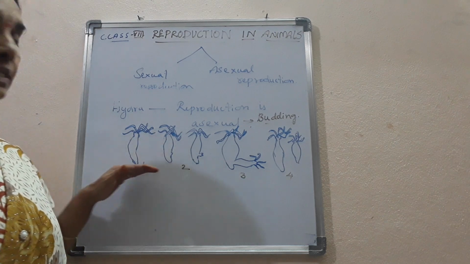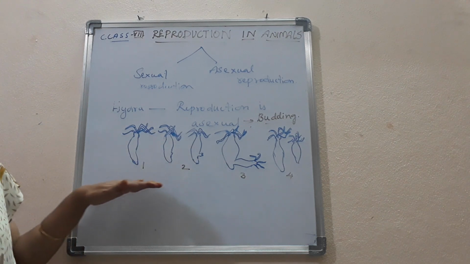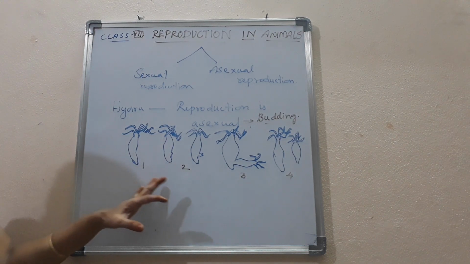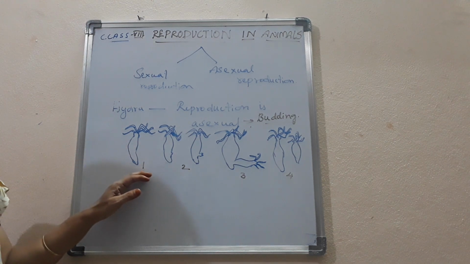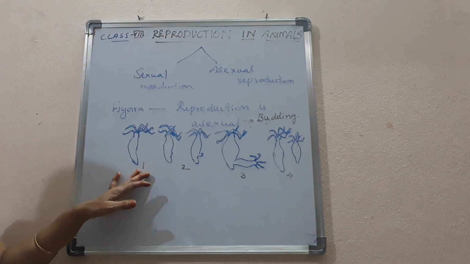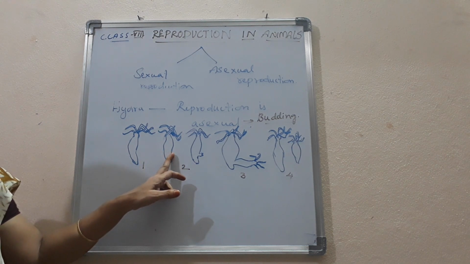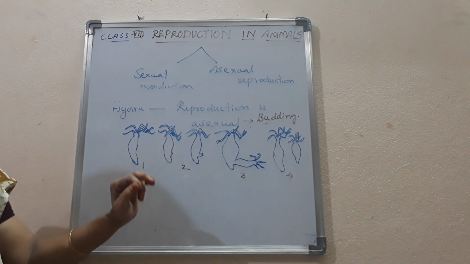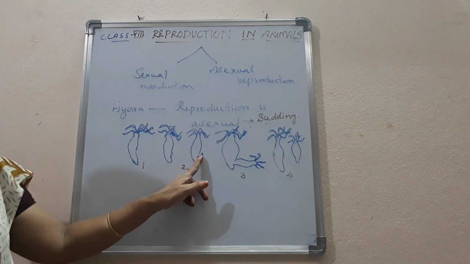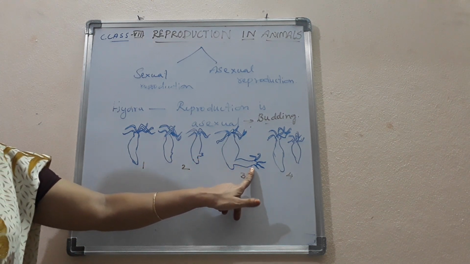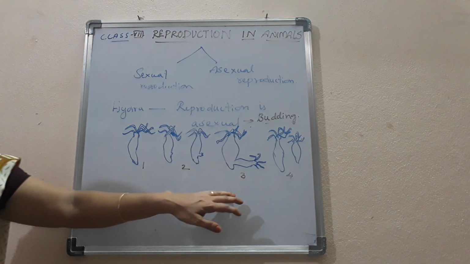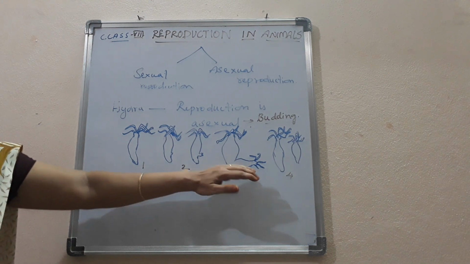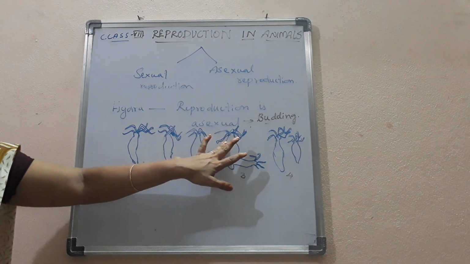These are the different stages. If you take the slides of these four, you can see this is a parent hydra. The parent hydra develops a small bud over the outer surface of its body. The completely developed bud along with the tentacles at the anterior end exactly looks like the parental hydra.